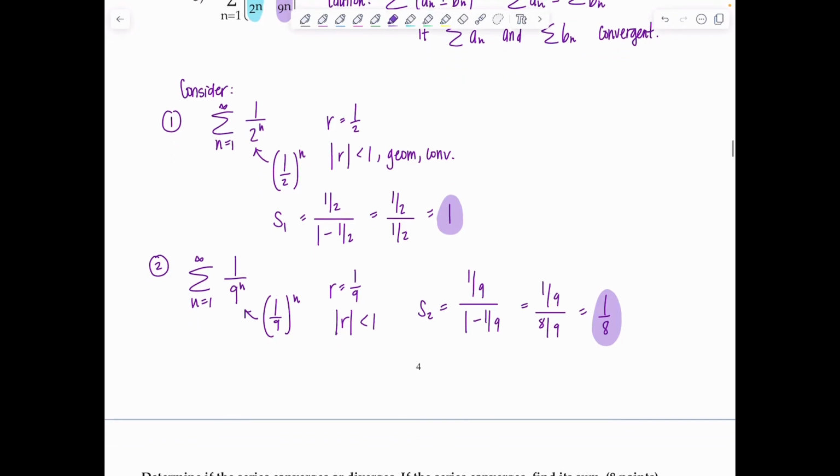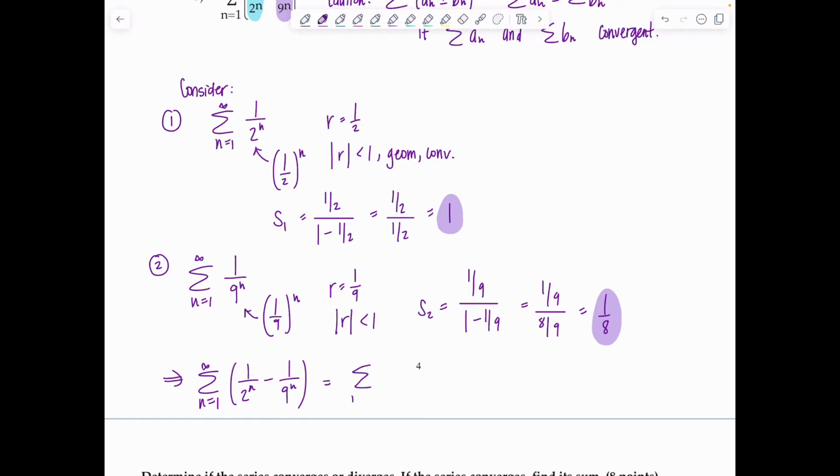Since both were convergent, I can go ahead and say the sum n equals 1 to infinity of 1 over 2^n minus 1 over 9^n is equal to the sum n equals 1 to infinity of 1 over 2^n minus the sum n equals 1 to infinity of 1 over 9^n, which is 1 minus 1/8, which is 7/8.